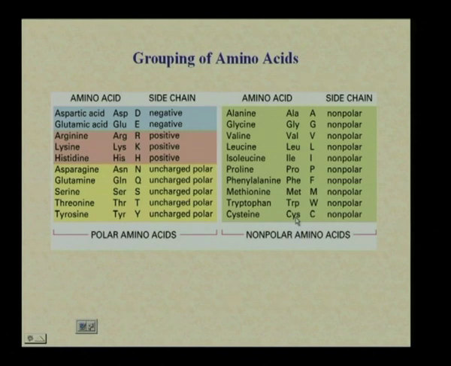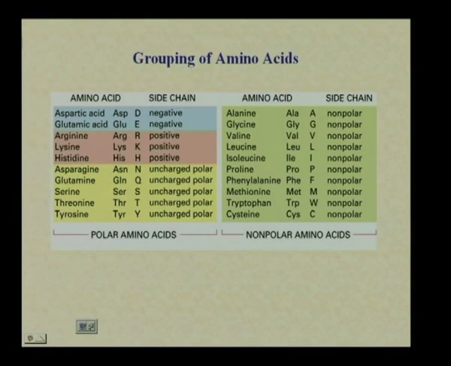But since they have a predominant amount of carbon and hydrogen, they are put in the non-polar group. So, where would these favorably be? Unless they have specific reasons to be on the surface, they would rather be buried in the protein. What we mean by buried in the protein we will study later when we look at protein structures.